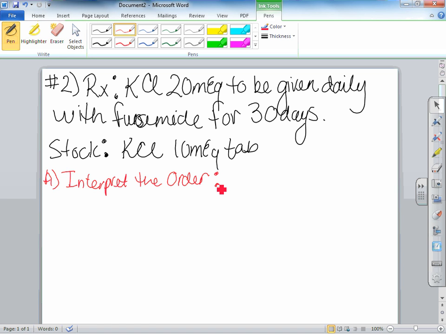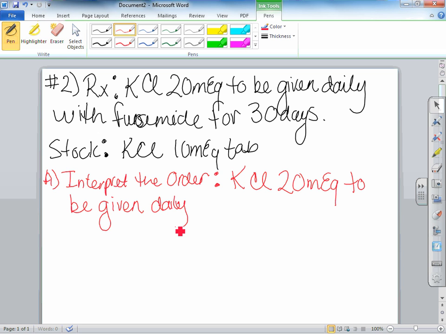To interpret this order, I am going to say that I read it to say KCl 20 milliequivalents to be given daily with furosemide for 30 days. That's what I interpret the order to read.